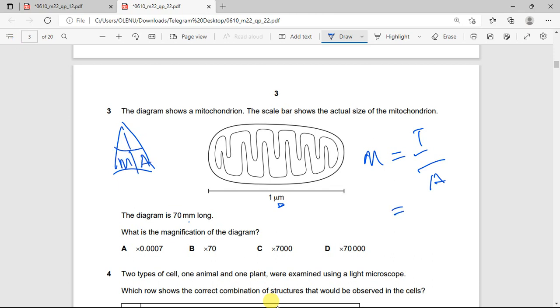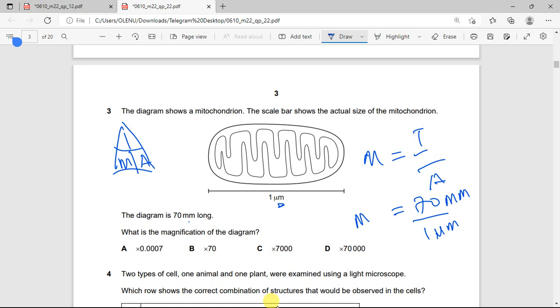Image size in this case, in the diagram, will be 70, and we're told that the diagram is 70 millimeters, and the scale bar shows the actual size, so it will be divided by 1 micrometer. Remember, this is millimeters and this is micrometers.